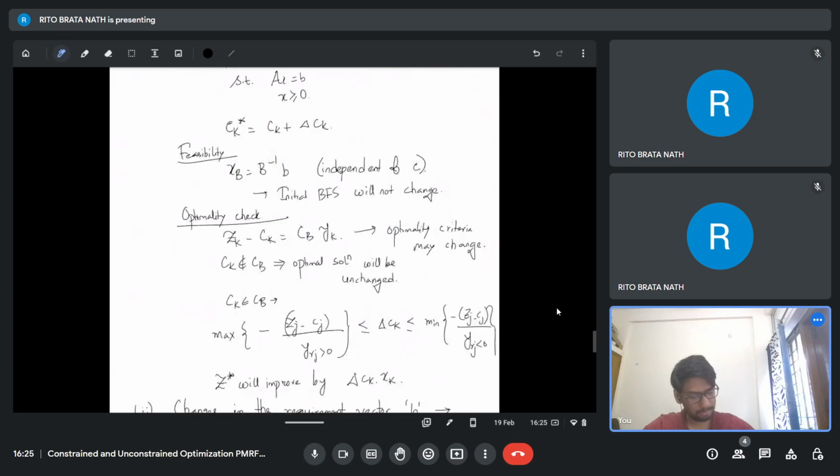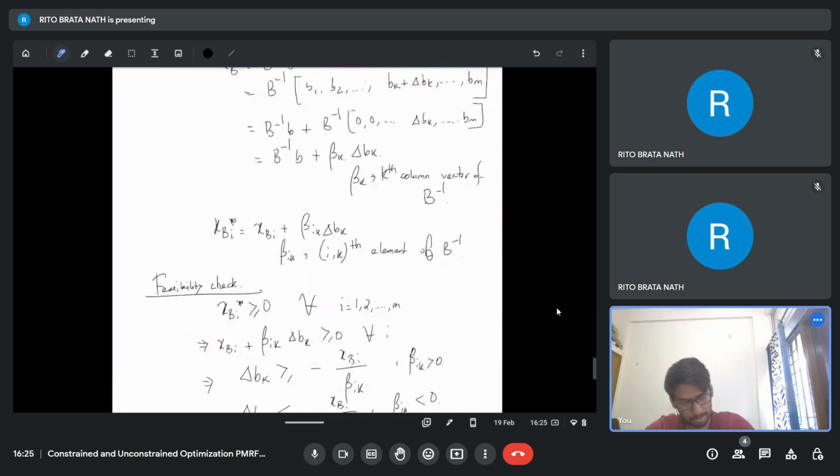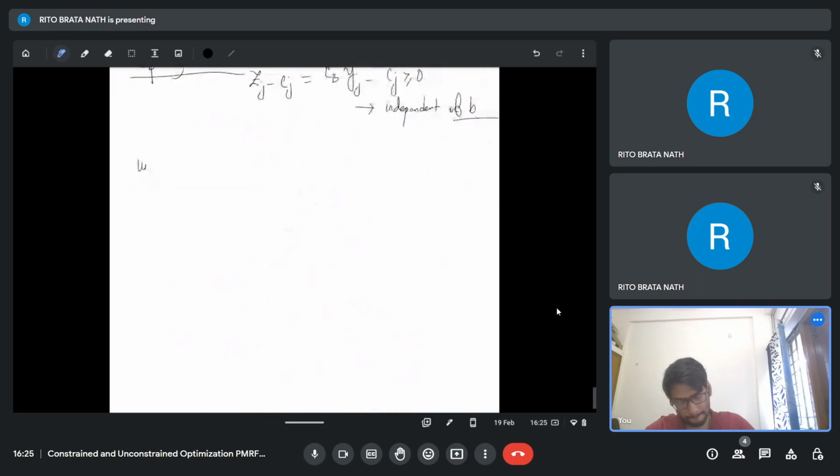And the third one was change in the elements of the coefficient matrix. I'm not going into the details of it because it was also discussed in the class, and it's a bit of complicated mathematics.